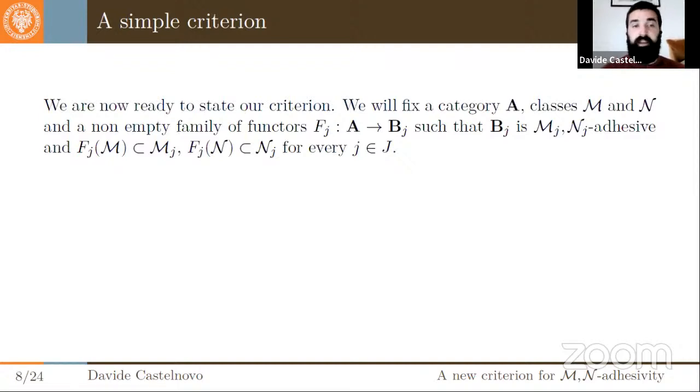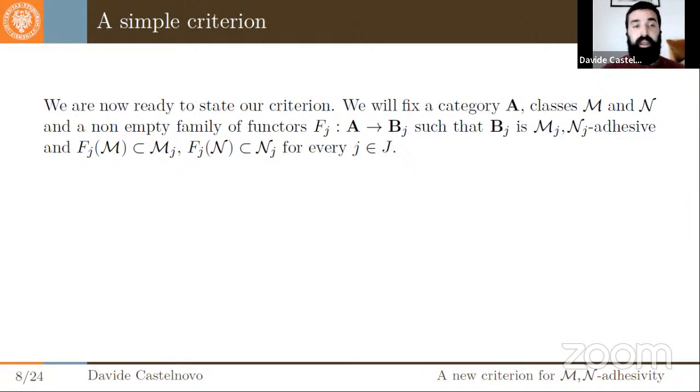So we are now ready to state our criterion. We fix a category A, some classes M and N, and a non-empty family of functors Fj from A into Bj. And we assume that all the Bj's are Mj and Nj adhesive for some classes Mj and Nj.